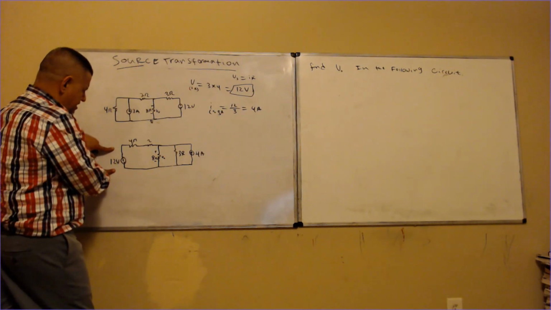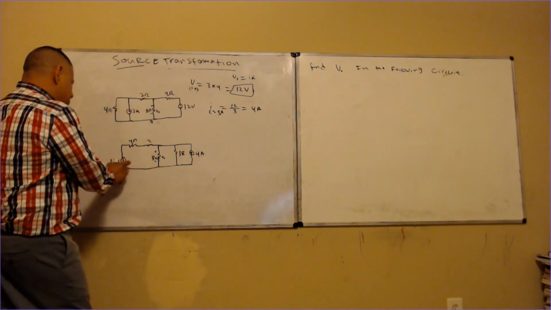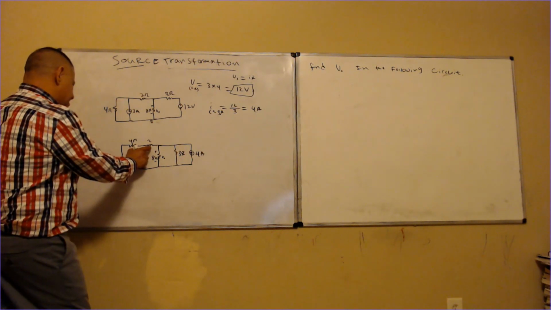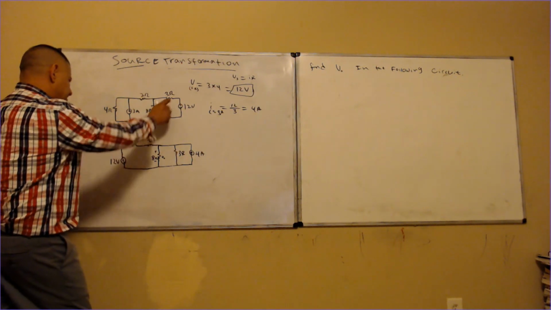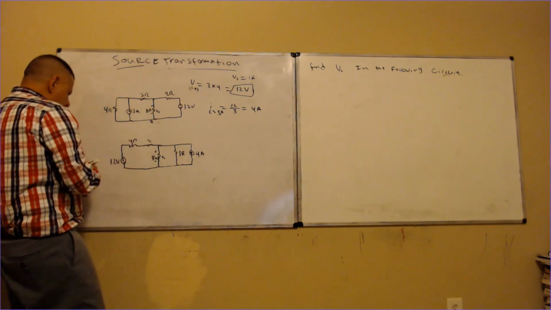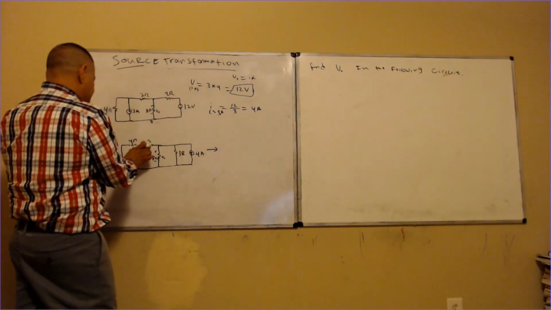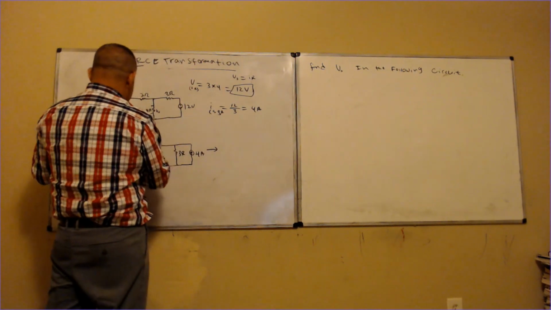You can see that, right? Now, if these are in series, I can make that in series, and I can make another current source, right?